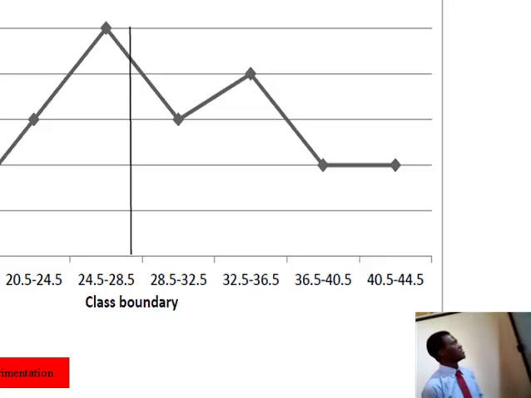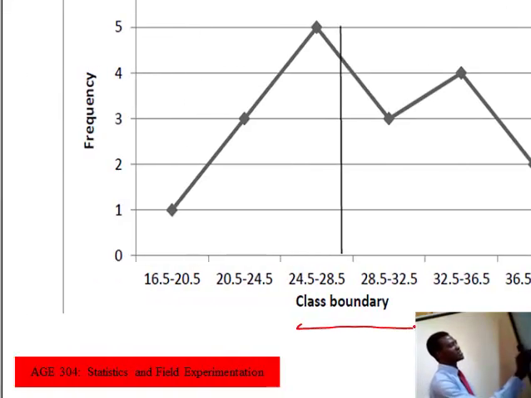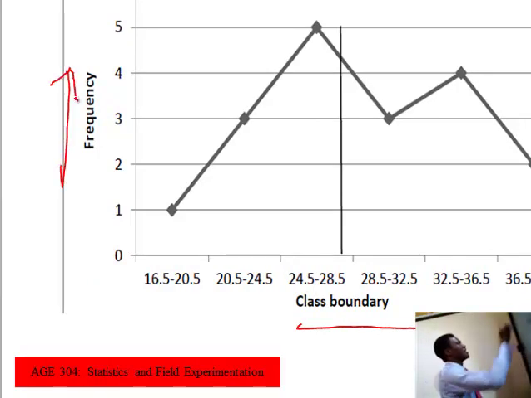Determination of mode using a frequency curve. It is similar to what I explained in the previous study section. With what we have here, we have the class boundary along the x-axis and the frequency along the y-axis. We map the frequency against the class boundary, just like we have here.